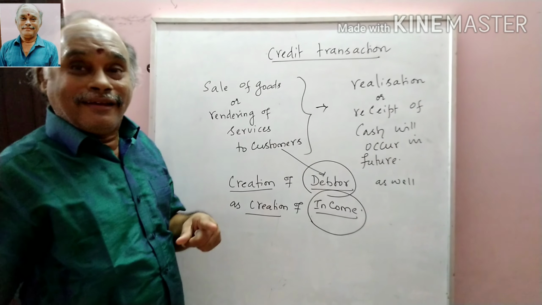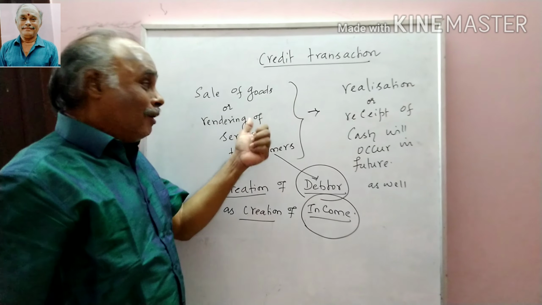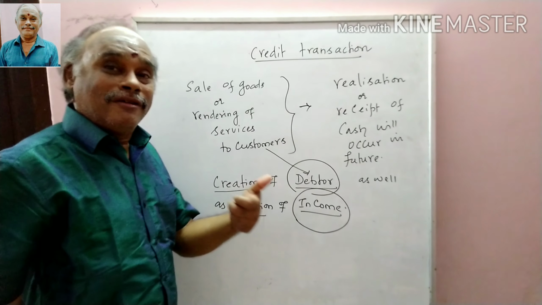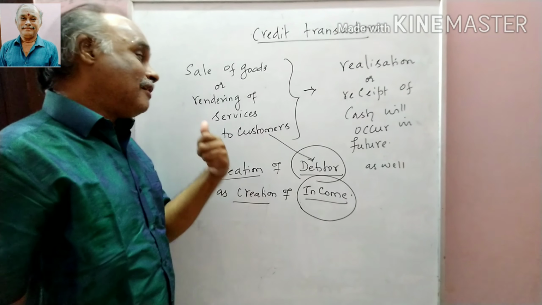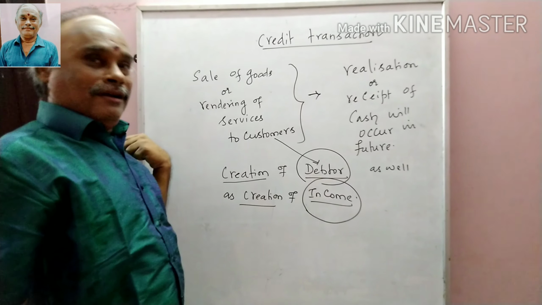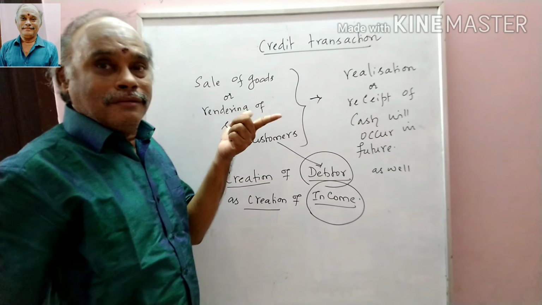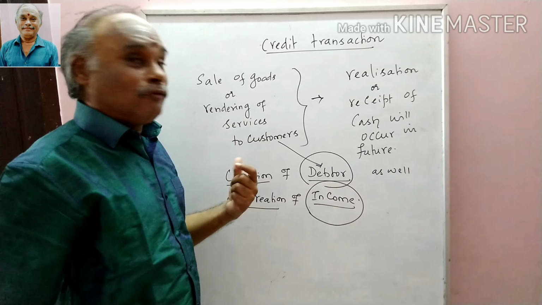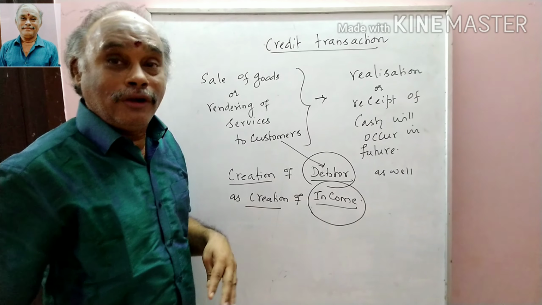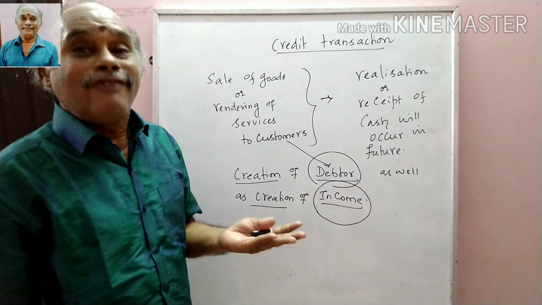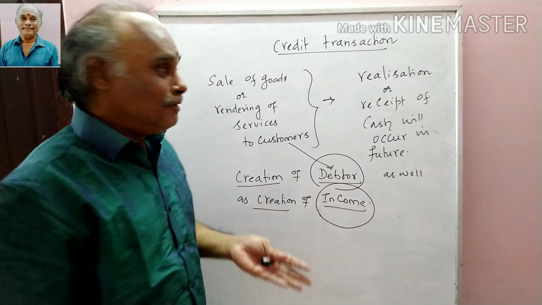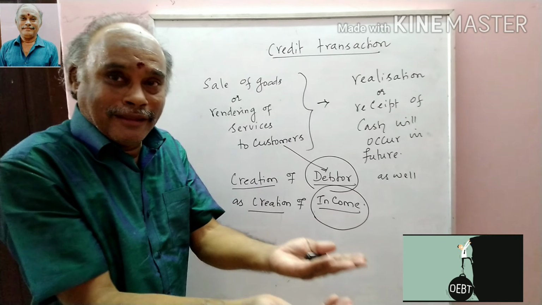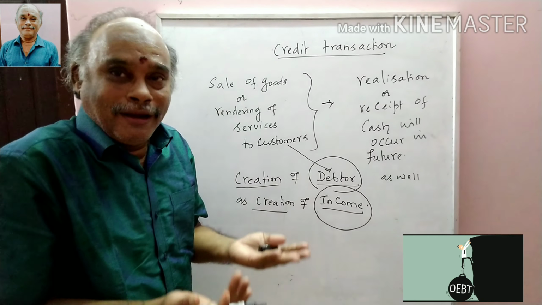The customers are taking our goods or services now, or have taken them earlier, but collection of money will happen only on a future date. Who knows, if they fail, automatically it is a loss to us because our goods are given to them but they have not paid for that. Ultimately it becomes a loss.